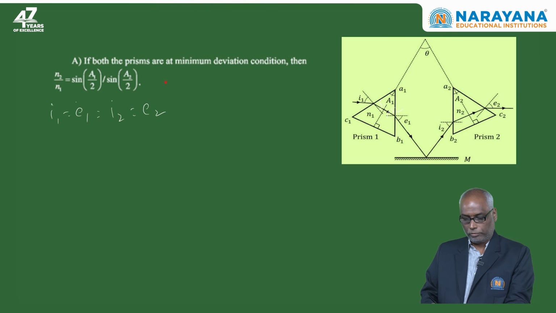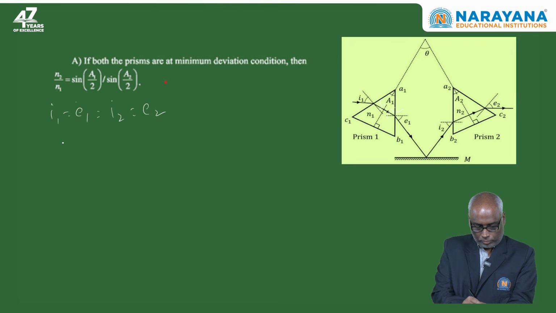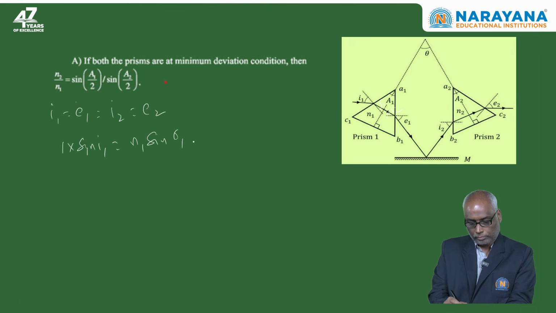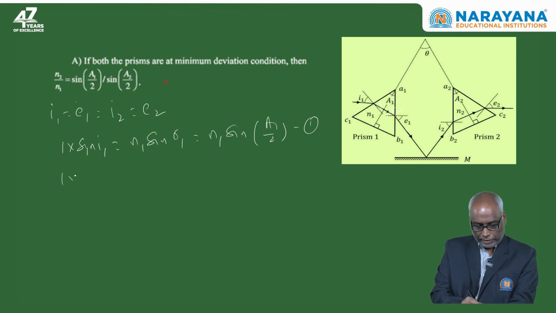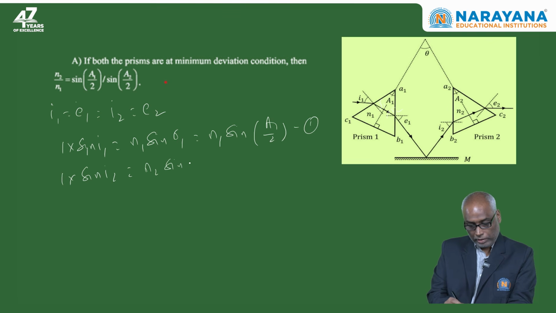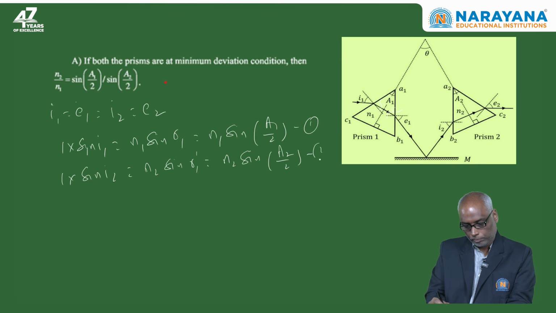If you write the equation for refraction, for the first prism I can write 1 into sin I1 equals N1 into sin R1. That becomes N1 into sin A1 divided by 2, under minimum deviation condition R1 equals A1 divided by 2. Similarly, for the second prism I can write a similar equation, 1 into sin I2 equals N2 into sin R1 dash, which can be written as N2 into sin A2 divided by 2.